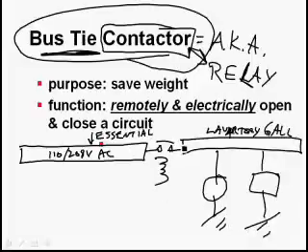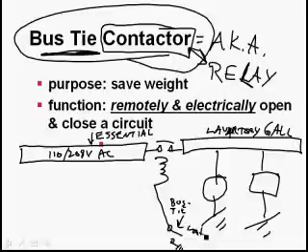But if we wanted to disconnect it, it'd be really easy, because we could just run a little wire with a switch to the cockpit. But that switch would be labeled Bus Tie Contactor, essentially because it's connecting two bus bars. But now we're using a relay.